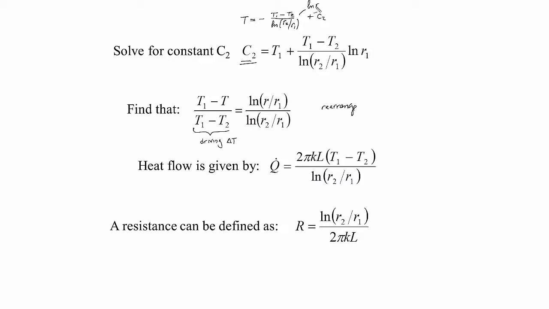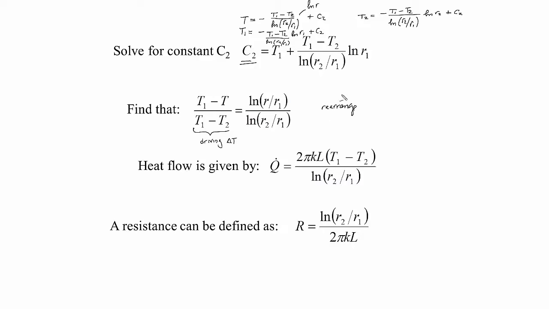Here I chose T1, so I substituted T1. I said T1 is equal to minus (T1 minus T2) over ln R2 over R1, ln R1, plus C2. But just as easily, I could have said T2 is equal to minus (T1 minus T2) over ln R2 over R1, ln R2 (now I have to be consistent), plus C2. So these are equivalent. This is all the same stuff.